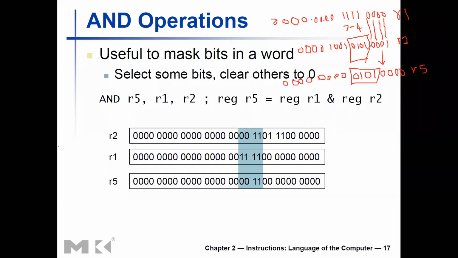In these places R1 contains 1. When you AND something with 1, you get the original value back as the result. That is the basic idea.